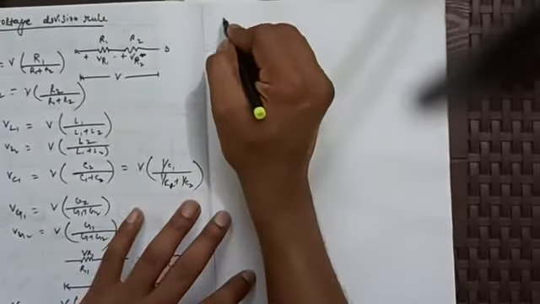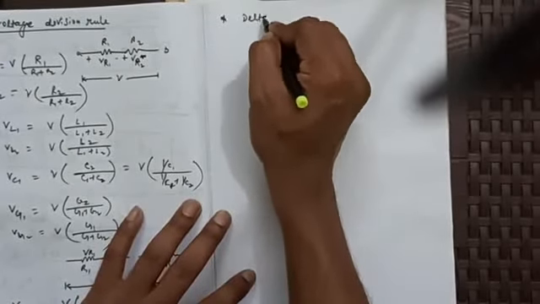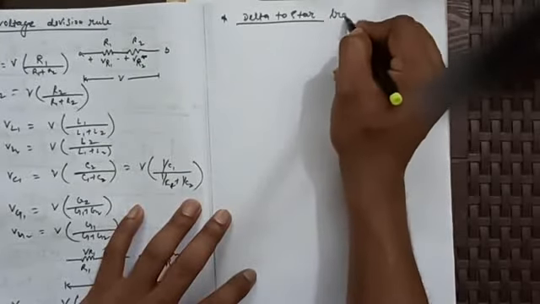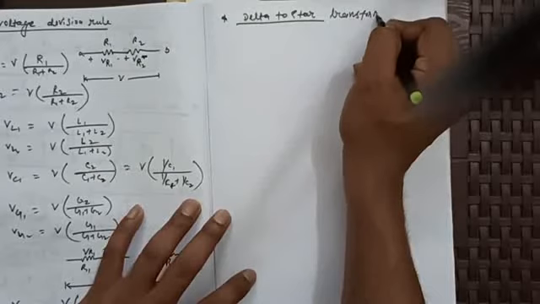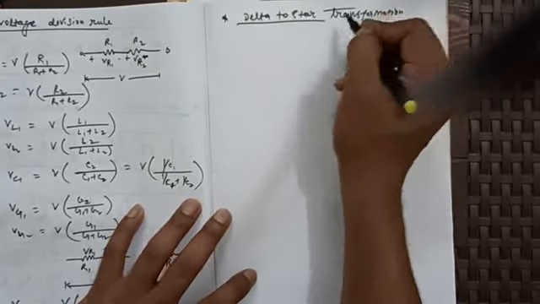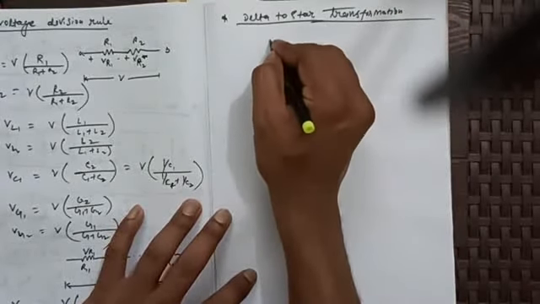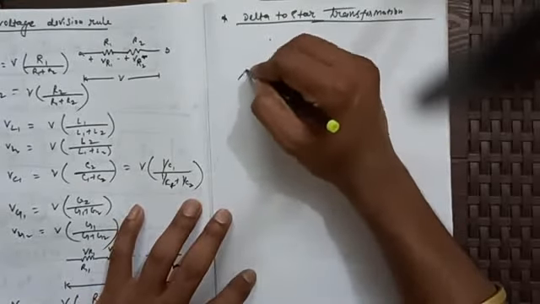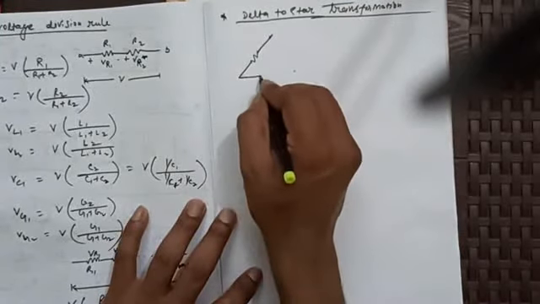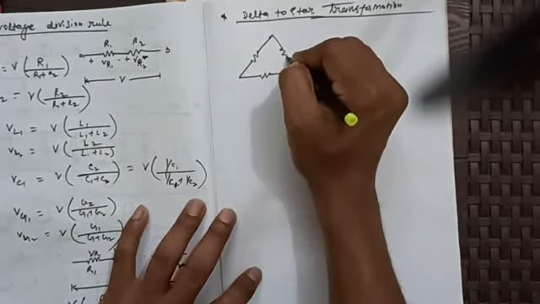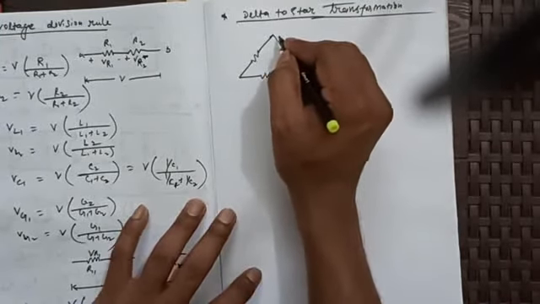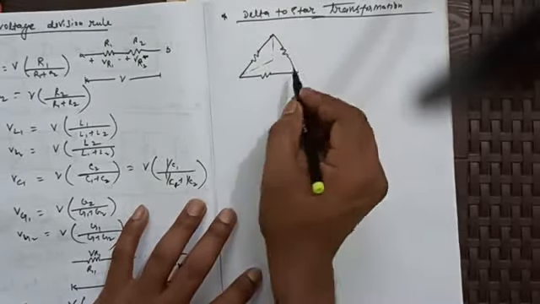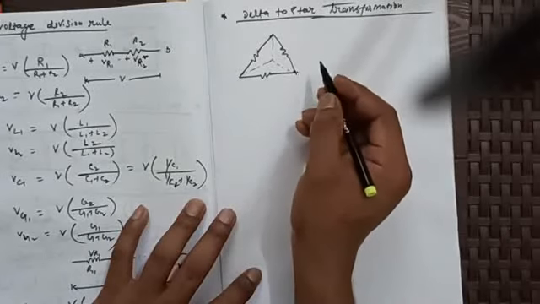Now let's see delta to star transformation. This is our delta network. We have to convert this delta into this star.